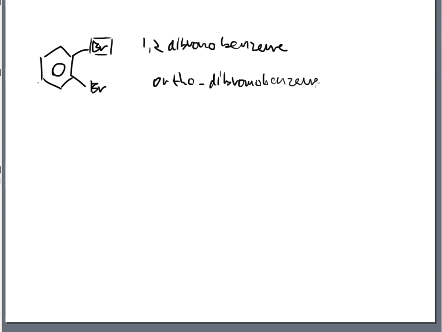Dibromobenzene. If I don't want to write the entire ortho word out, I do O. O-dibromobenzene. There you go, folks. That's how you do the common nomenclature with di-substituted benzenes.